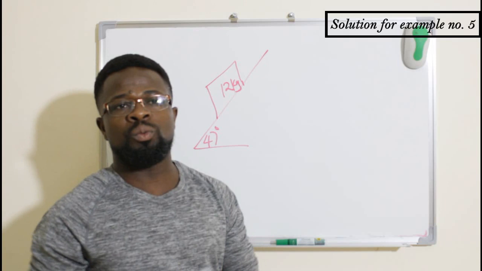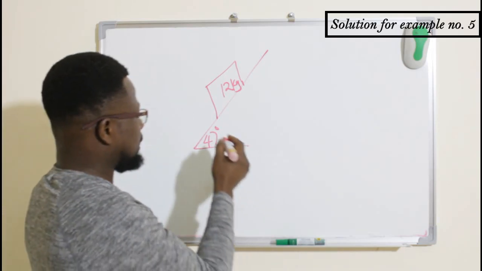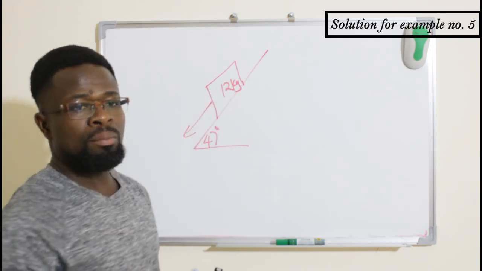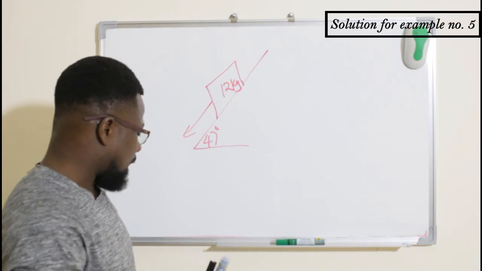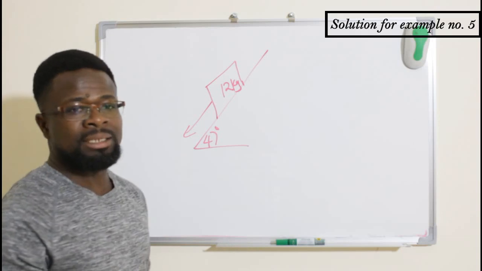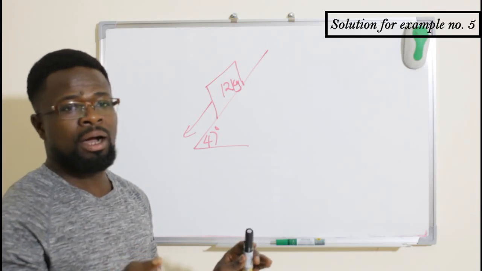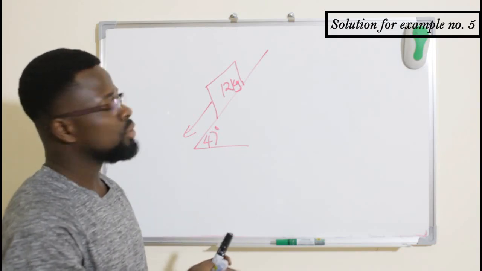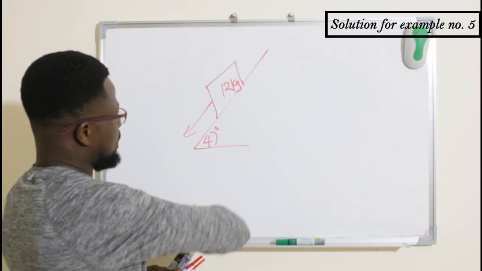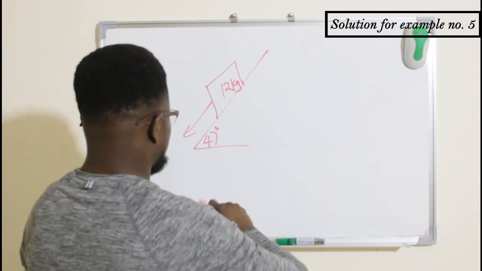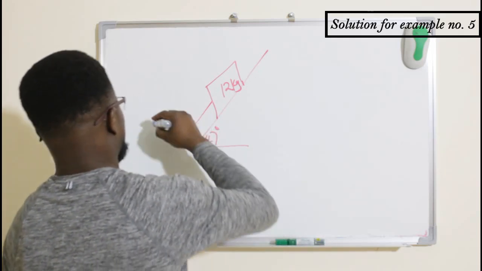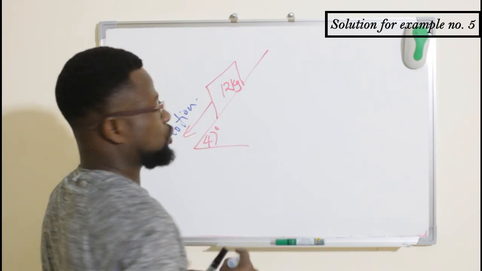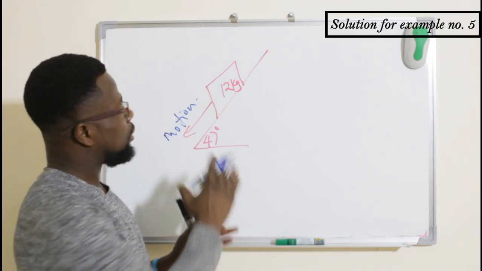So this is what we have, and we are told that the direction of motion is here, which means that the body is sliding down the inclined plane. Let me just write there, make it easy, motion here, to show us that that is where the object is going.